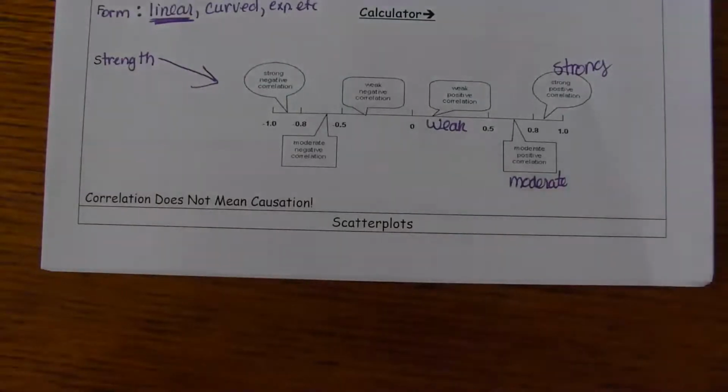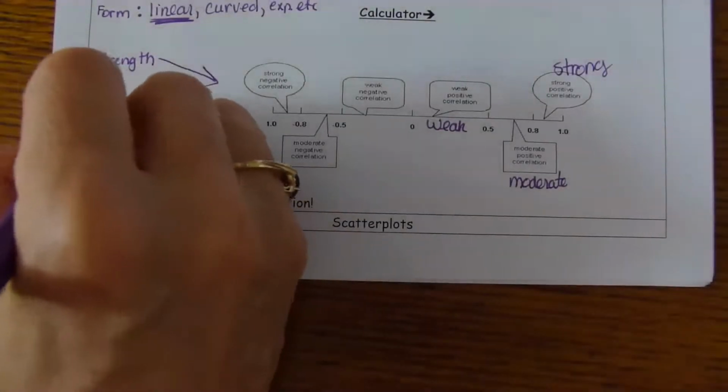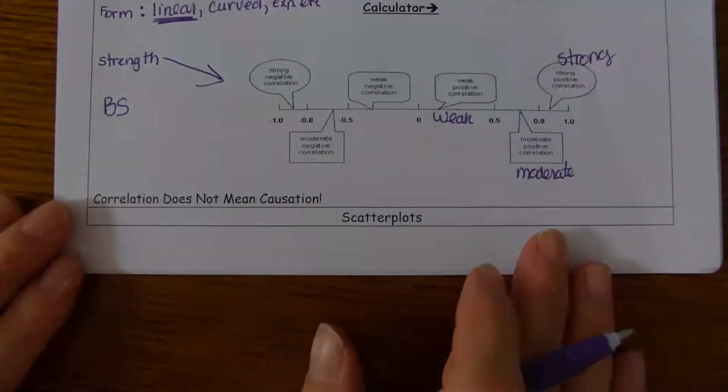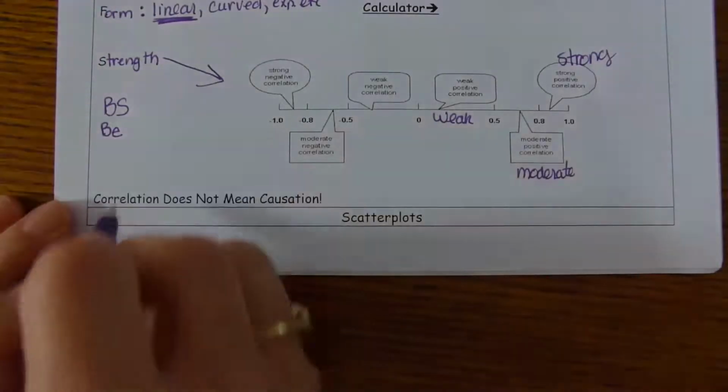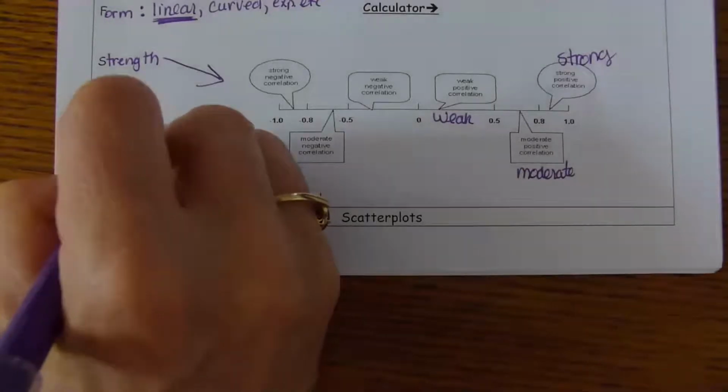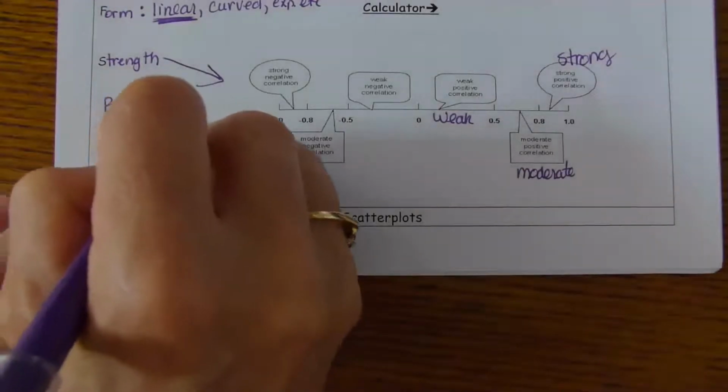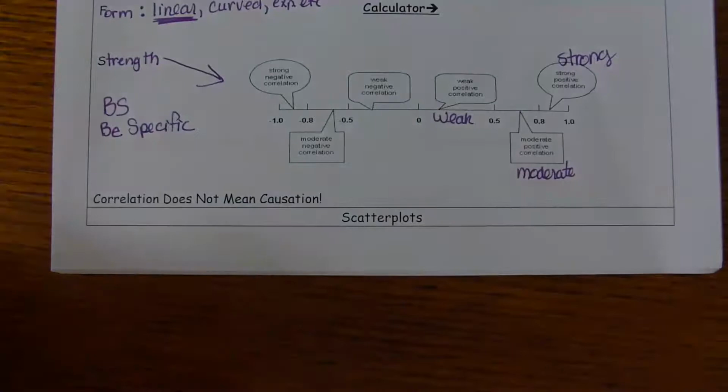But remember in statistics, we said we're going to BS. What does that mean? What does BS stand for in statistics? Be specific. So we don't want to say, oh, it's going up.